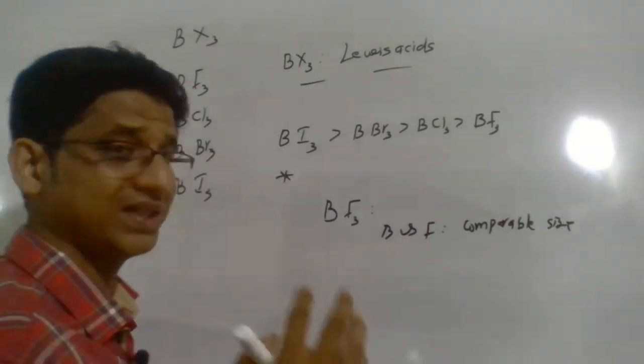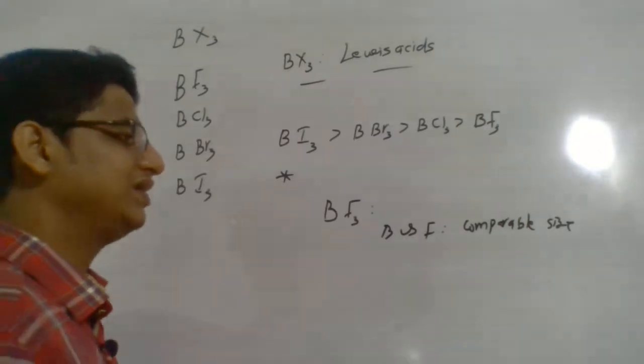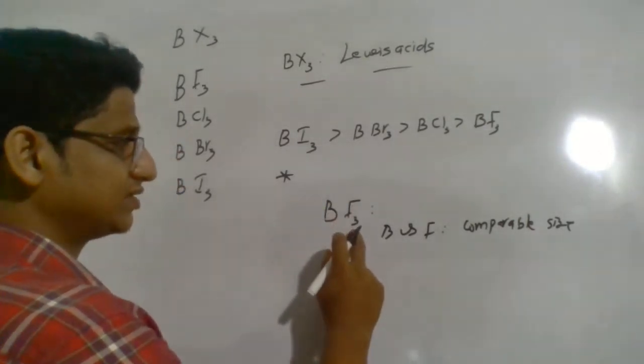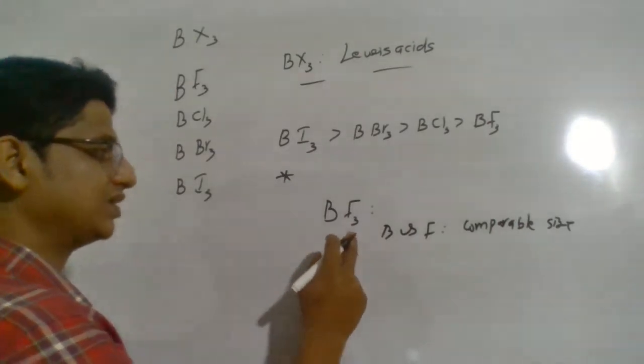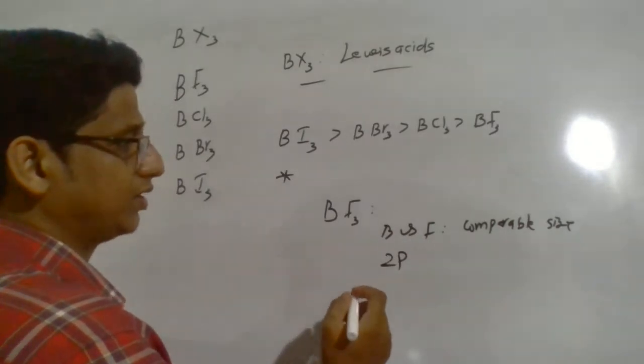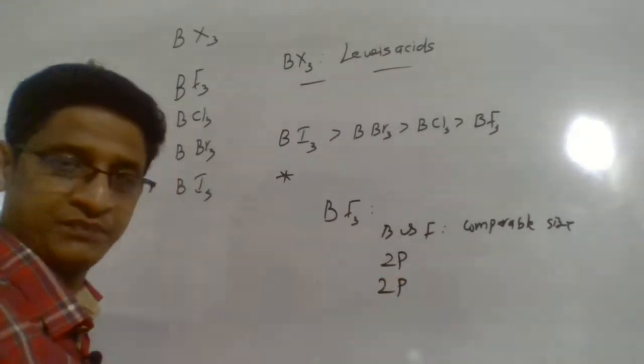Similarly, talk about orbitals. The electrons present in the fluorine atom are in the 2p orbital, and the electrons present in the boron atom are also in 2p.